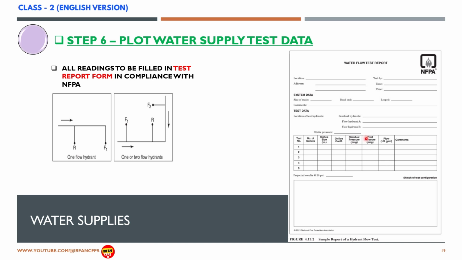Pitot tube pressure, let's consider 25 psi for example. All this data has to be entered here and the flow to be calculated, which will be around 700 GPM. Apart from this, the size of the main has to be mentioned here. The location, test by, date, time, address, everything has to be mentioned in the report.